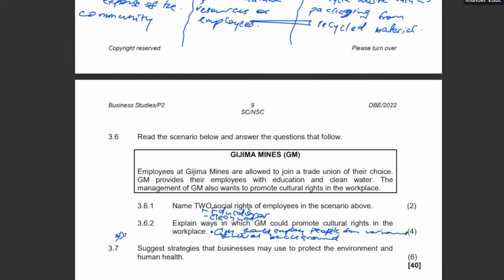Allow employees to provide solutions to challenges from their own cultural perspective.